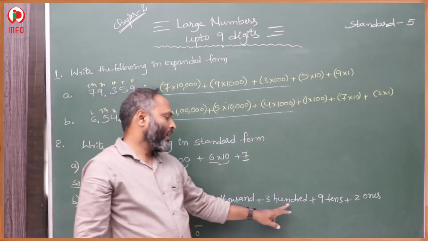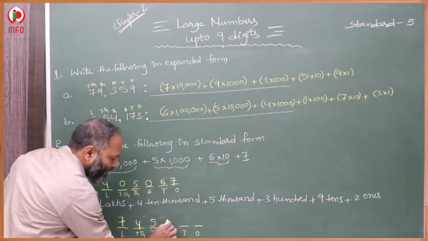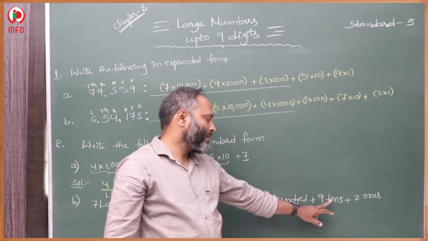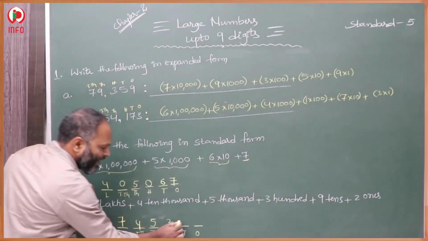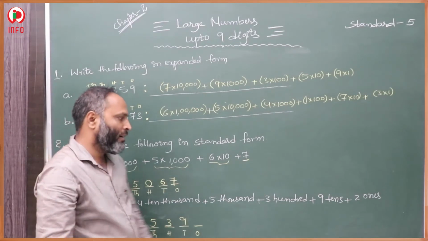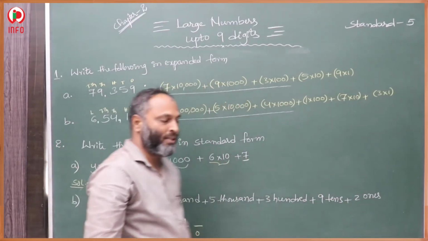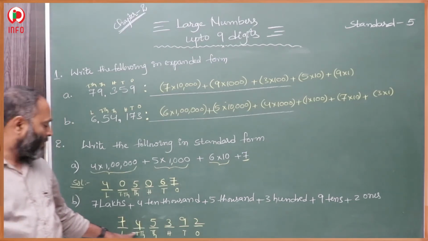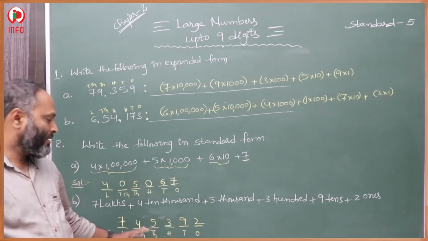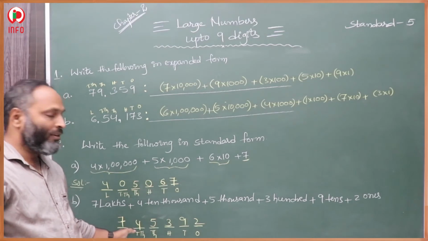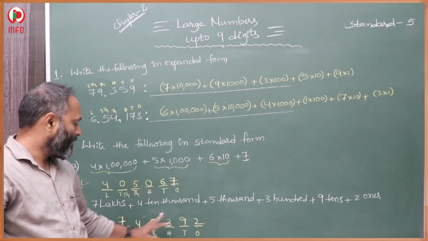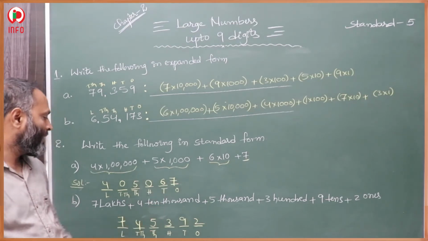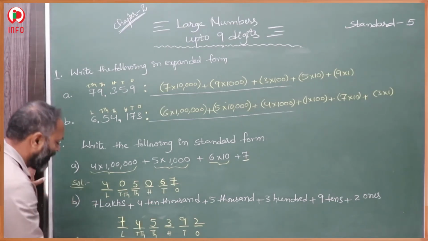Then 300 means 3 in the place of 100, 9 tens means 9 in the place of 10, and 2 ones means 2 in the place of 1. So in all places we get values. Nothing is left, so no need to keep zeros.